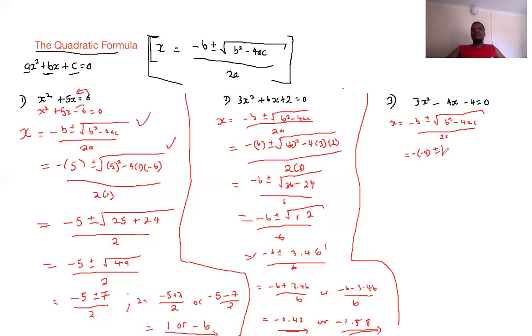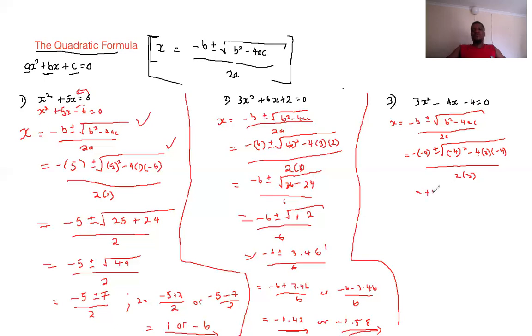Plus or minus the square root of 4 squared minus 4. A is a 3, C is a negative 4, all over 2, A is a 3.